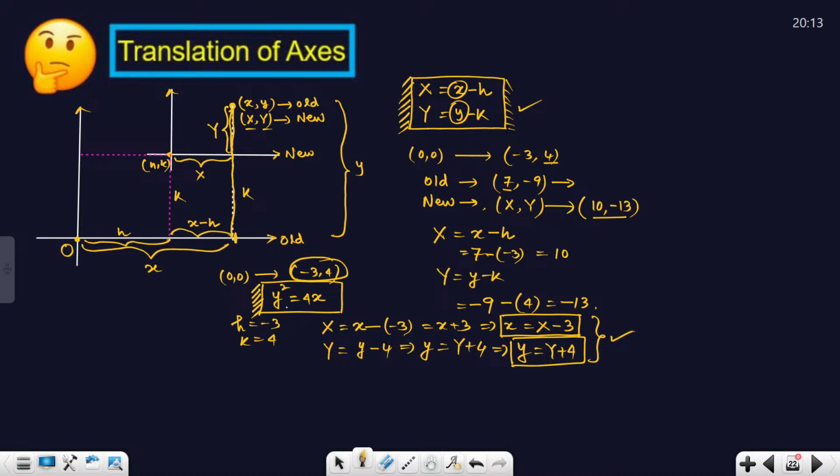Right? So replace your small y by capital Y plus 4 and x by capital X minus 3. So what will be the equation?